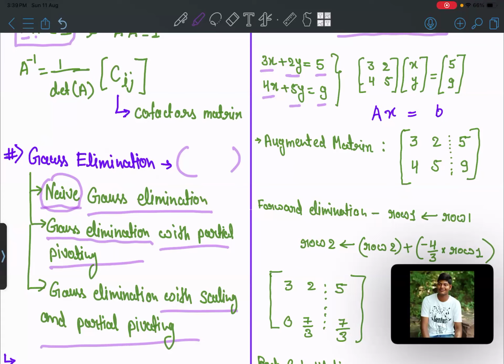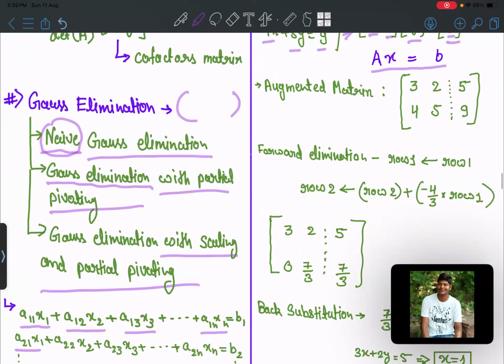This can be represented in matrix notation format: Ax equal to b, with A as 3, 2, 4, 5, x as x, y, and b as the column vector 5, 9. While solving these kinds of problems with pen and paper, it is good to represent them in an augmented matrix format.